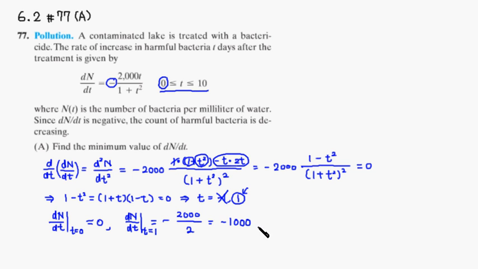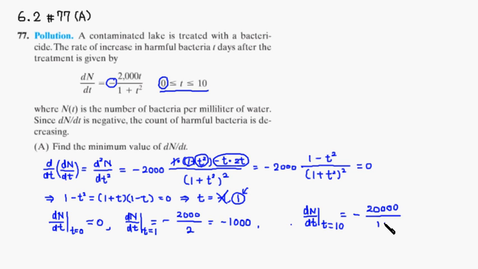Then we look at another one, dn over dt at t equals 10. Just plug in 10, so it's going to be negative 20,000 divided by 1 plus 10 squared, so it's going to be 101.